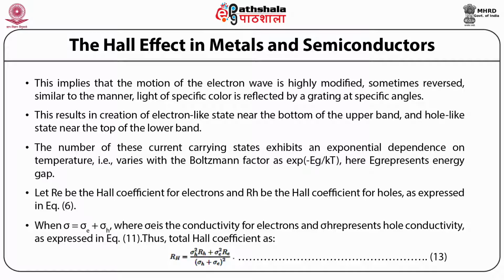Thus, the total Hall coefficient, that is RH, is equal to sigma H squared into Rh plus sigma E squared into Re, divided by the quantity sigma H plus sigma E, squared. This is represented as equation 13.